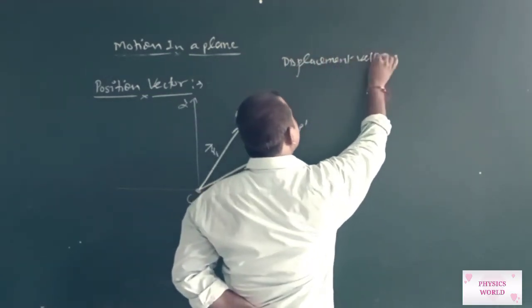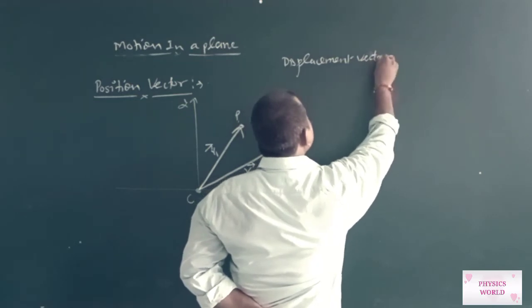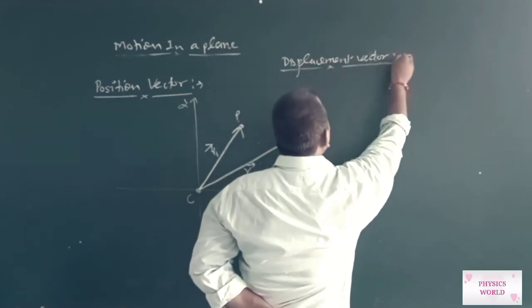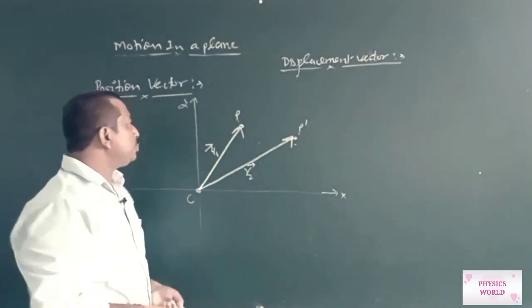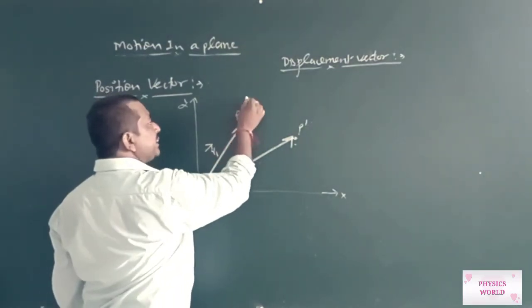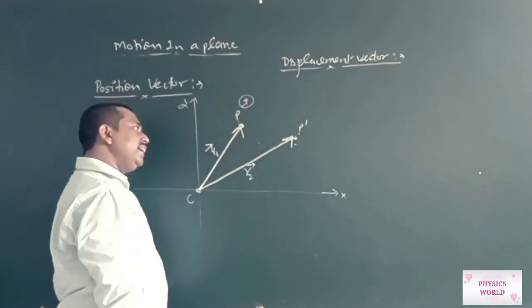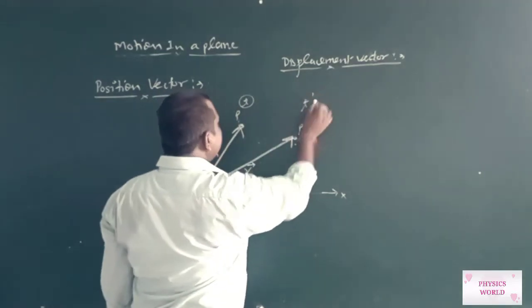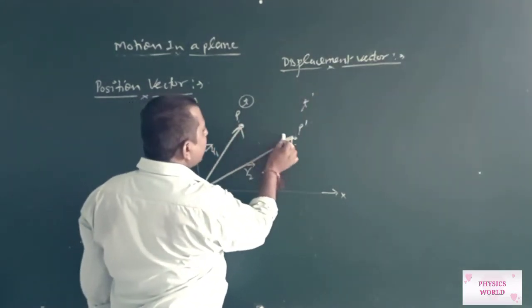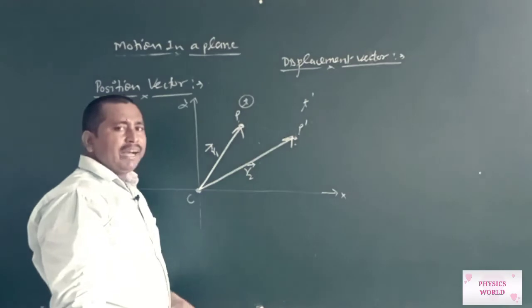Displacement vector. This can be explained easily. Suppose any object is placed at point P at time T, and after some time, at time T dash, it reaches point P dash.